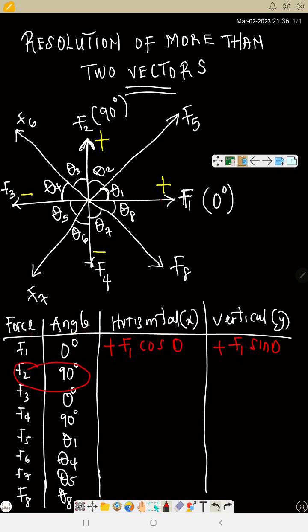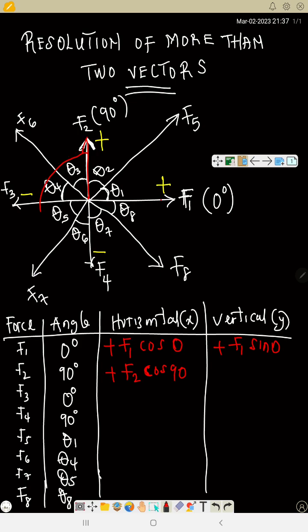We have the forces and angles already. Now move to F2. It's already on vertical, so the sign there is plus. So that will be plus F2 cos 90. This same F2, we are moving anti-clockwise. Remember, it's vertical already, then move it again to the horizontal.